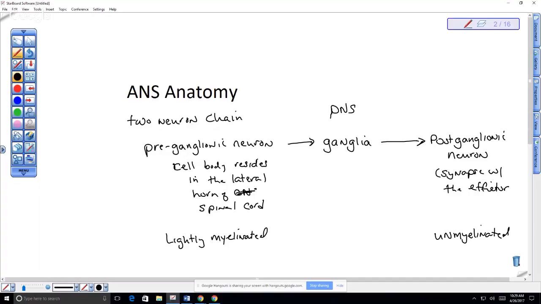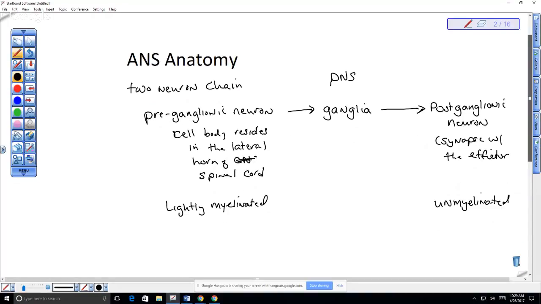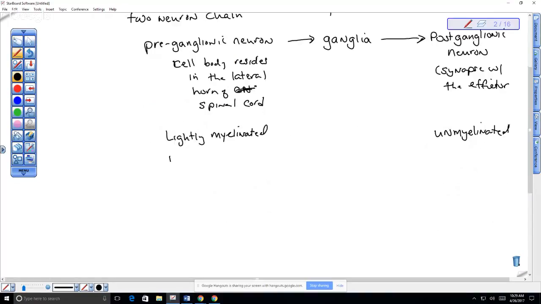Okay, so when we look at the preganglionic fibers, they all release acetylcholine, and this is always excitatory.